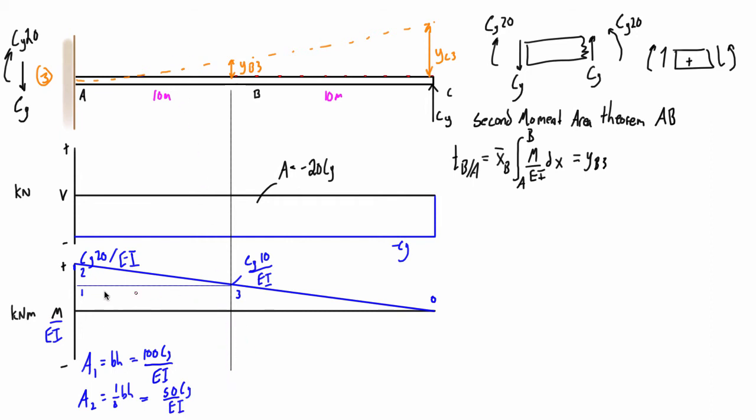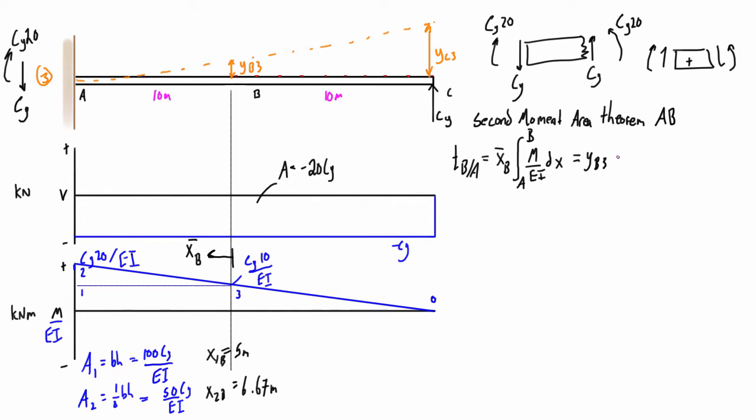And when we look at the x bars, basically the distance from point B over to the centroids of these shapes, we're going to be going this way, and we're going to call this x bar B. So x bar 1 is just going to be equal to 5 meters, and x bar 2B is just going to be equal to 2/3 of that distance, so that's 6.67.